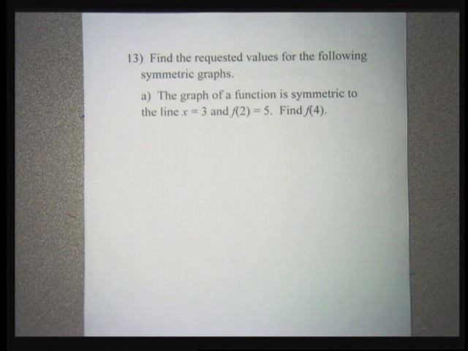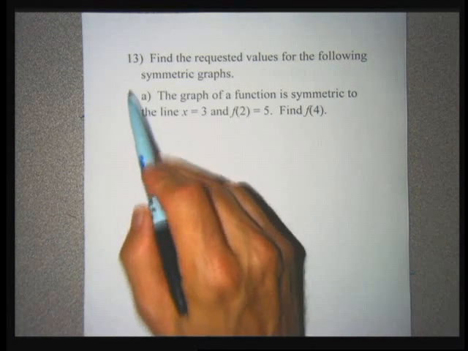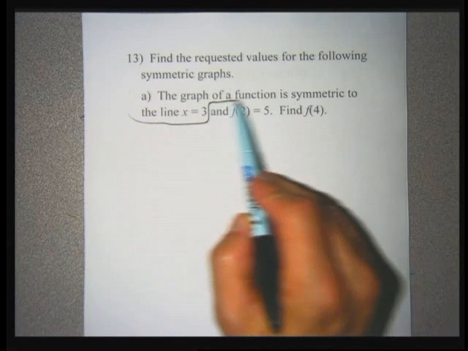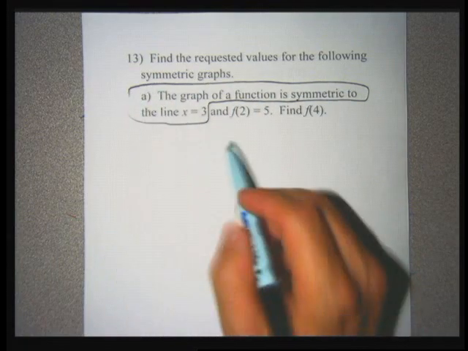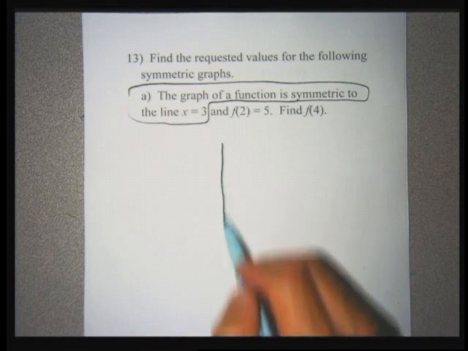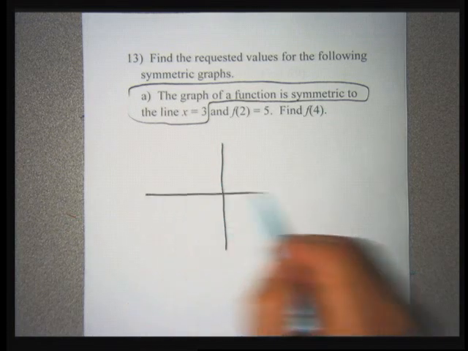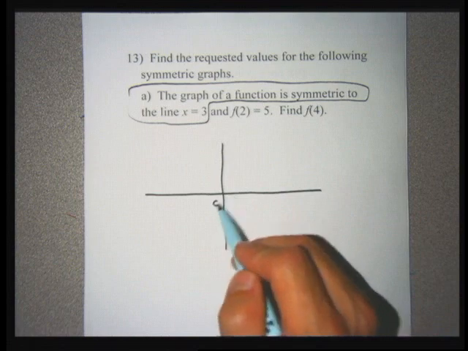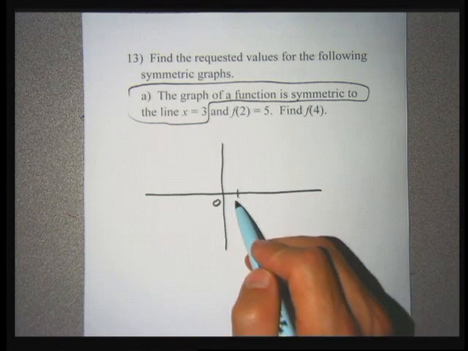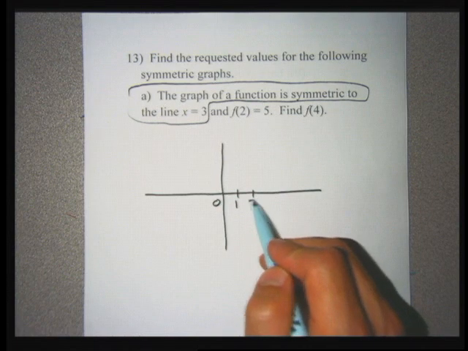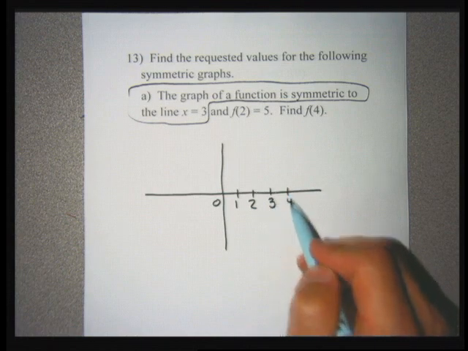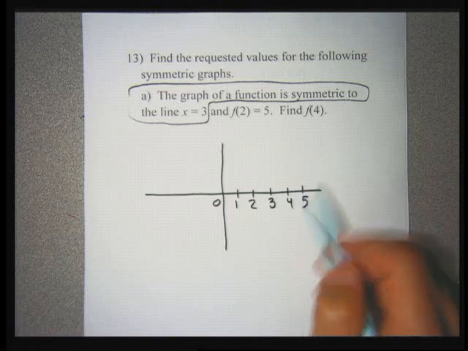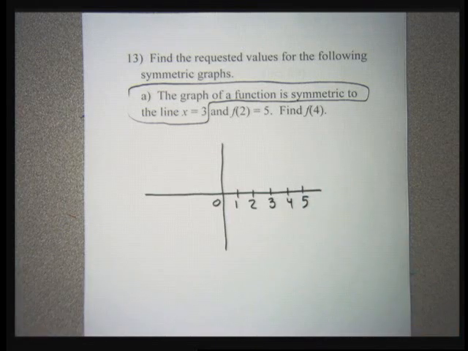So in this problem, I'm told there's a graph of a function that's symmetric to the line x equals 3, which means the line x equals 3 works as a mirror essentially, and every point to the left of the line x equals 3 has a point that's kind of its mirrored image to the right side of the line x equals 3.